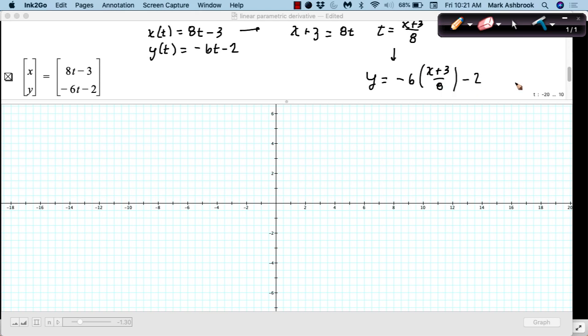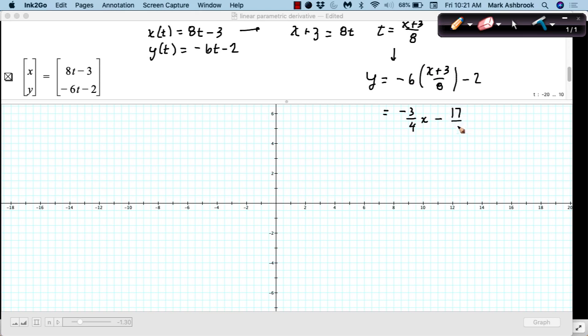So what are we doing? We're eliminating the parameter. And if we simplify that, we get negative 3/4 x. And what is negative 3/4 times 3? Negative 9/4, and negative 8/4. Isn't that negative 17/4?